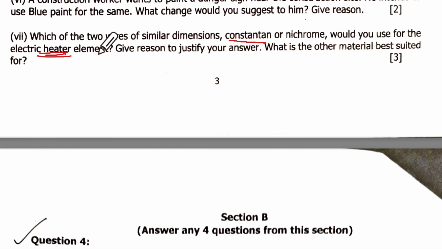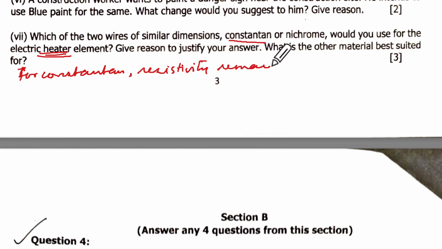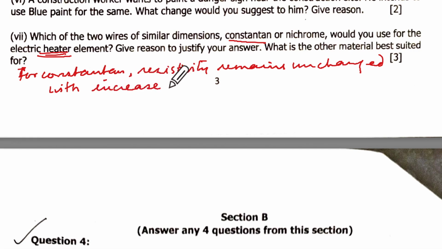Yeah, okay. So what you'll say, for constantan, comma, resistivity remains unchanged, correct? Unchanged with increase in temperature.